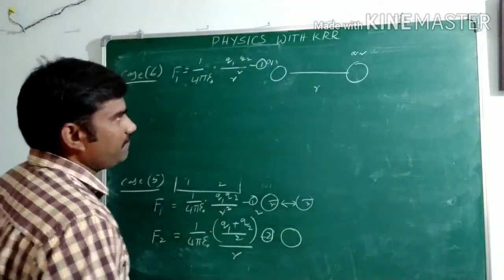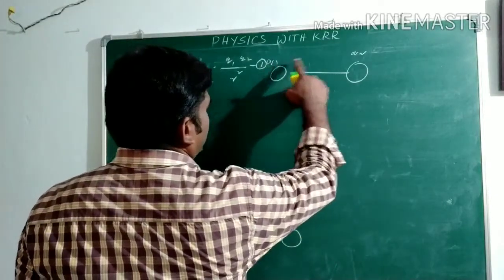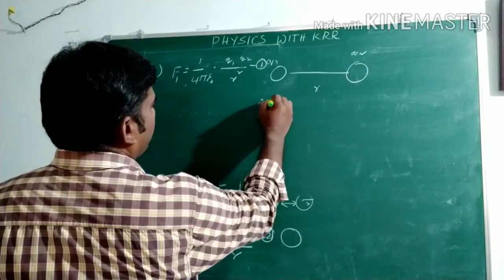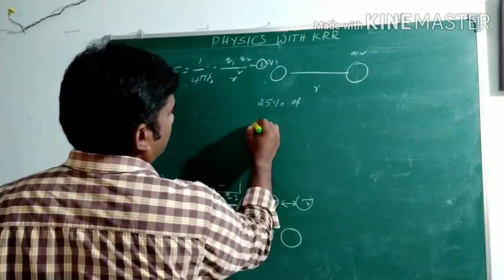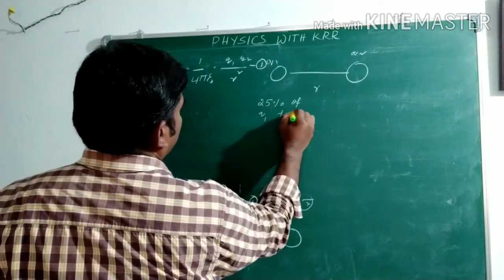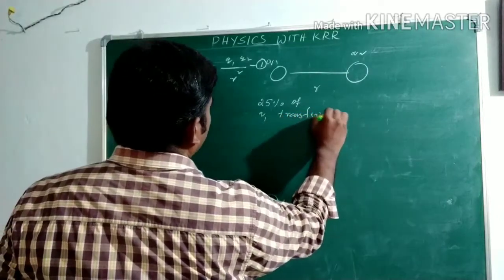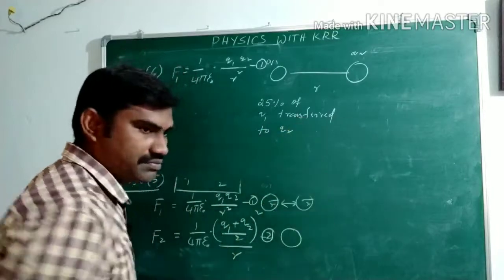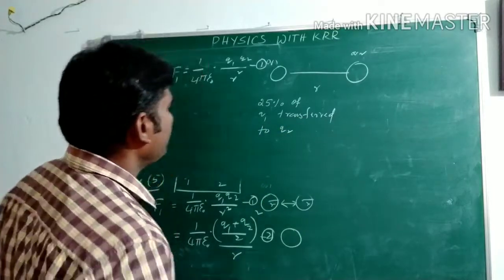Now for example, this is Q1 charge and this is Q2 charge. Now 25% of Q1 is transferred to Q2. Then what happens?